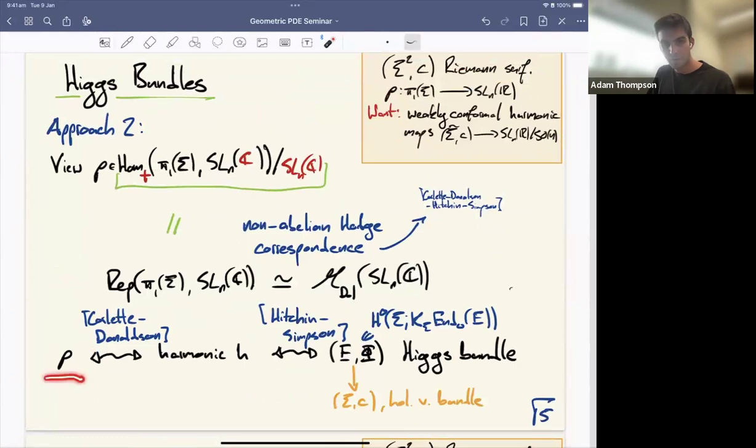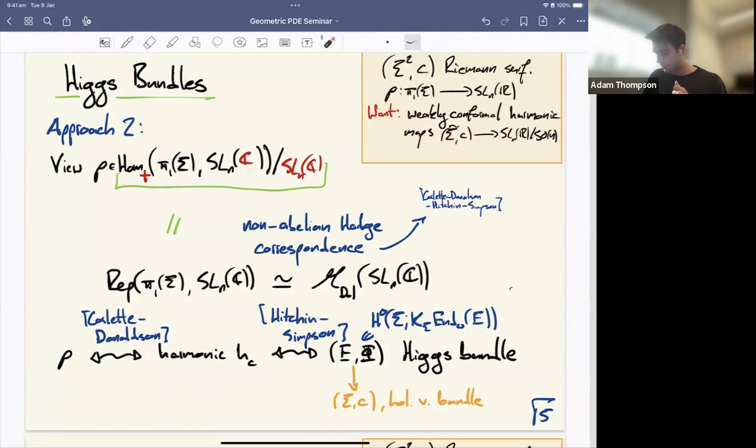Given this rho from the fundamental group of sigma to SL(n,R), or SL(n,C) works just as well, we can cook up, for a given conformal class, a harmonic map. And there's always a fixed conformal class on my Riemann surface.